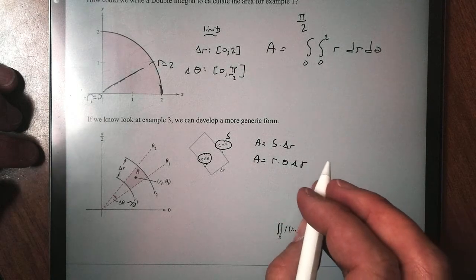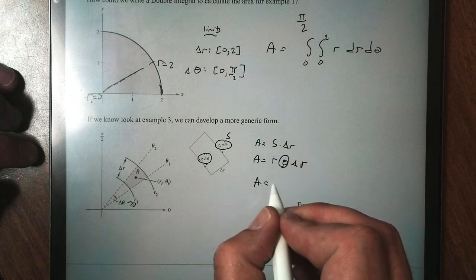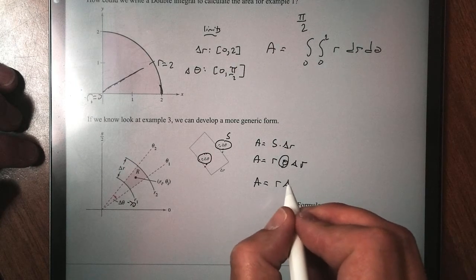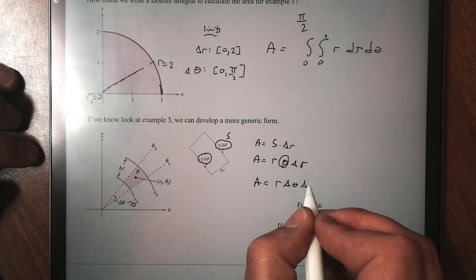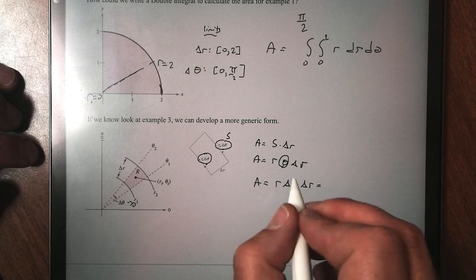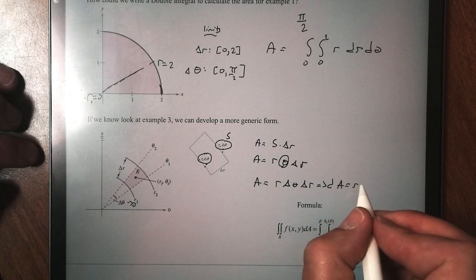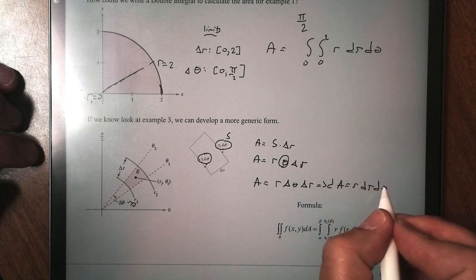So what we wind up with is, as theta is getting really small, area equals r d theta dr. And as delta r and theta get really small, we get our change in area equaling r dr d theta.